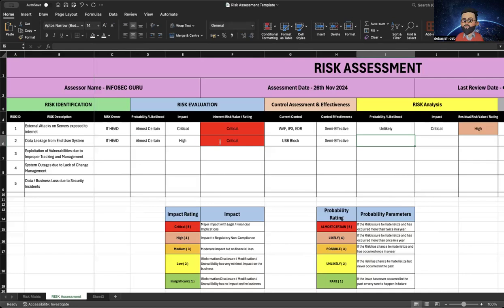So what is the likelihood of people uploading data on the cloud? It is again almost certain.